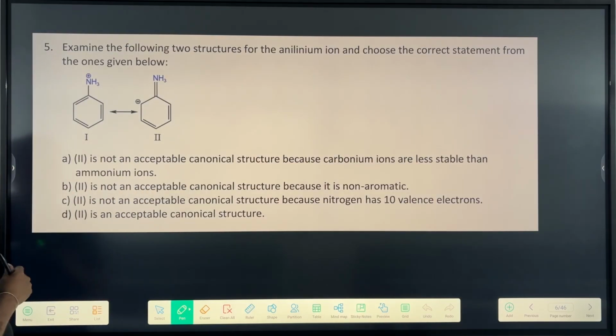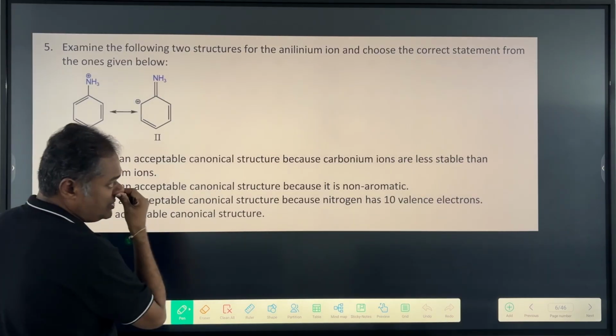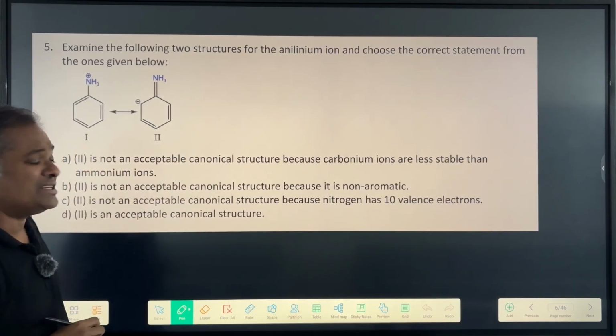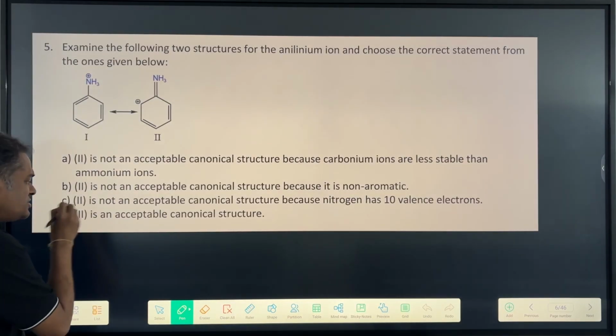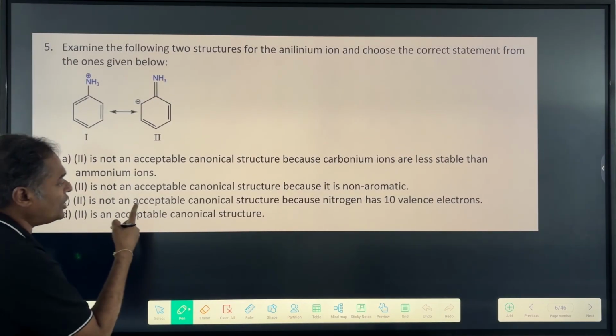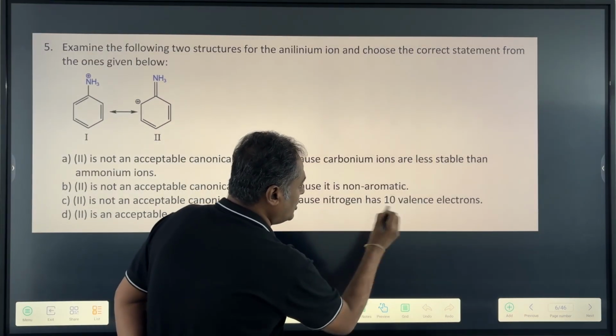Let's take the second statement: the second is not an acceptable canonical structure because it is non-aromatic. We'll see and justify this. The third statement says the second of these two is not an acceptable canonical structure because nitrogen has 10 valency.